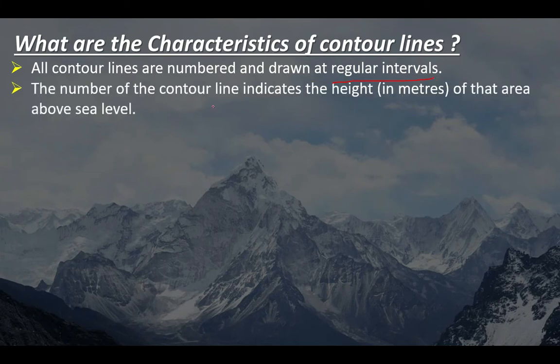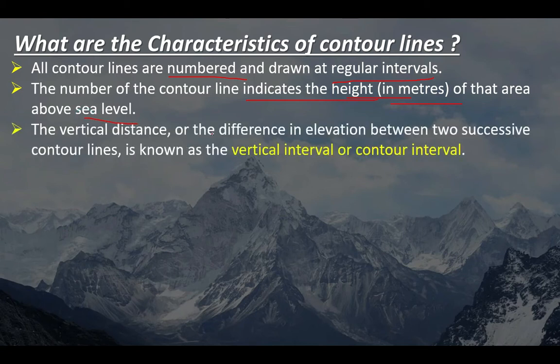The number of the contour lines indicates the height in meters of that area above the sea level. So the numbers are drawn at regular intervals, these regular intervals are represented in meters, and they indicate the height of that area above the sea level.